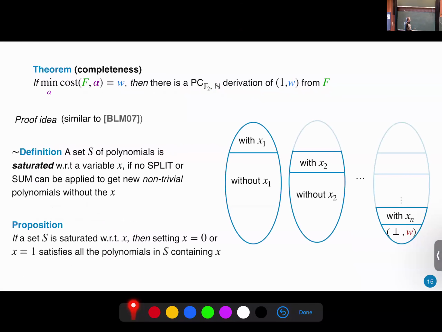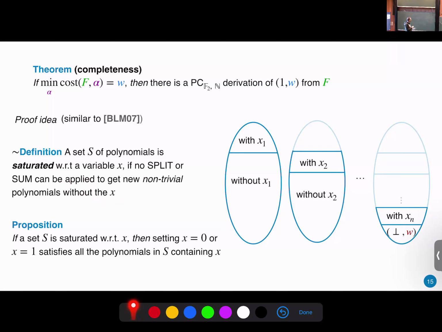Okay, the completeness. What is the procedure that we devise? It is based on a similar idea to MaxSAT-Resolution, but in MaxSAT-Resolution it was much simpler. Here it is a bit more tricky. The idea is to use some sort of saturation. I will describe informally, intuitively, what it means for a set of polynomials to be saturated.